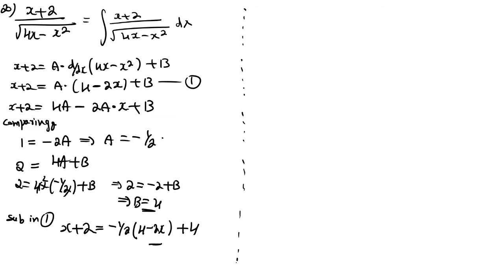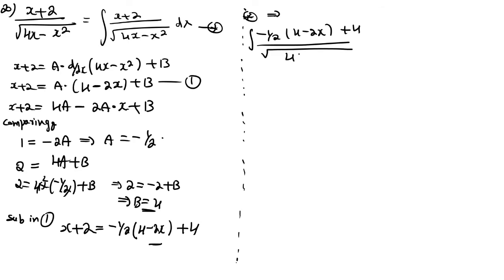Then substituting in the equation star, this implies integration of x plus 2, which is minus 1 by 2 into 4 minus 2x plus 4, divided by square root of 4x minus x square into dx.